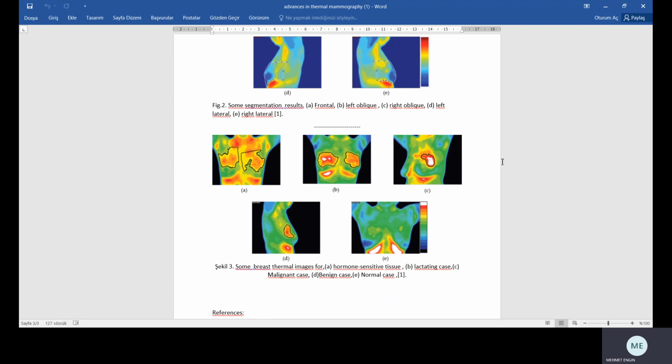However, similarity in thermal heat patterns is seen for normal hormonal lactated conditions, due to the presence of similar hormone-sensitive tissues in both breasts, as shown in figure 3. As I mentioned, this property is captured by including symmetrical features.